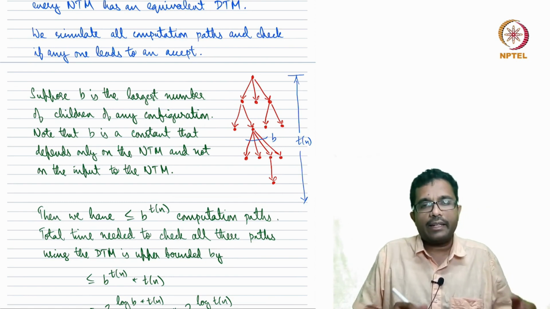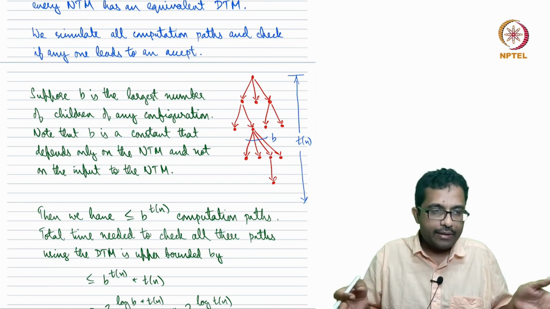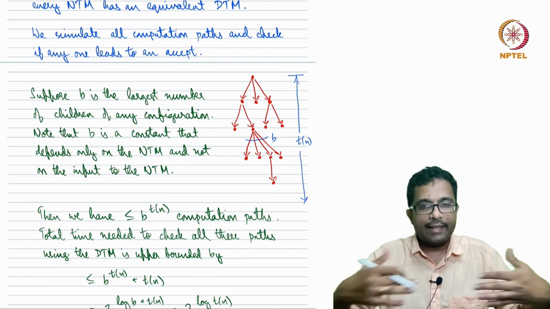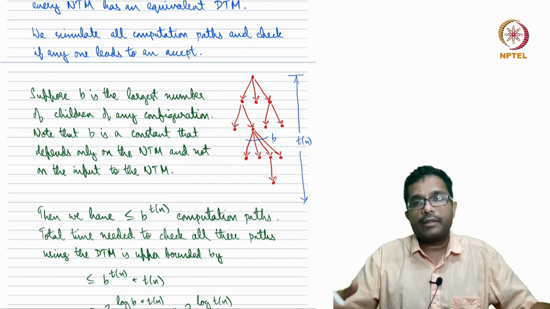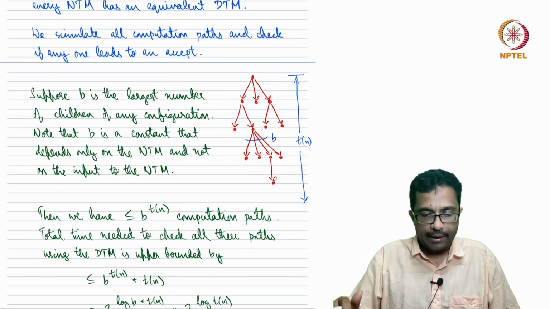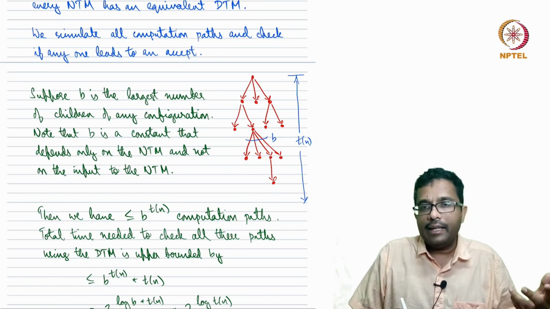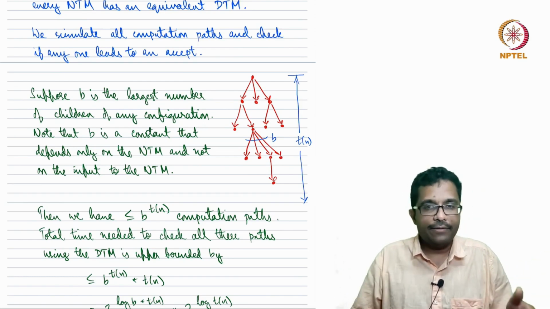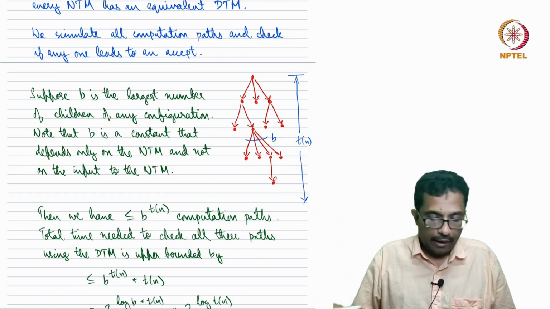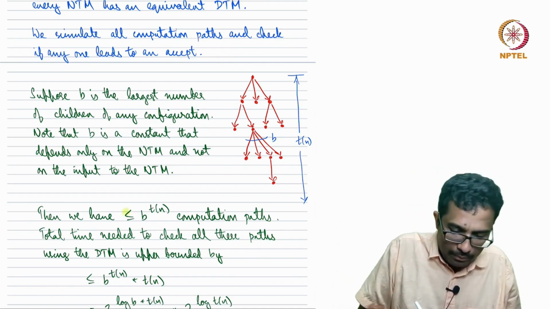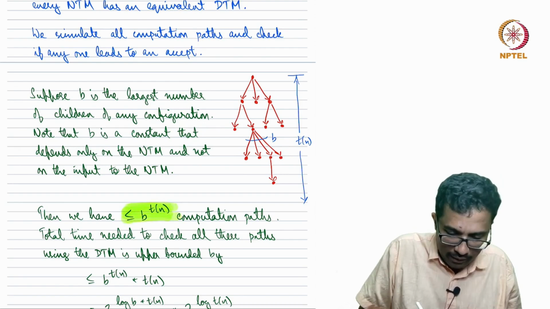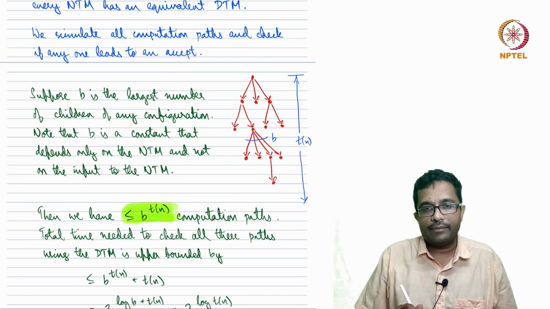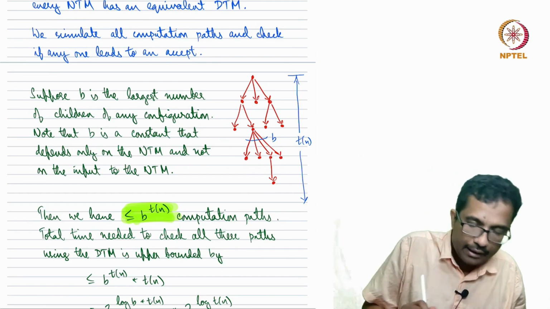From the root there are b children, from each of those there are b further children, so the second level has b, the third level has b squared, the fourth level has b cubed, and so on. Finally, at level t(n) we have b to the power t(n) possible leaves. So we have at most b to the power t(n) computation paths, and each path has length at most t(n).